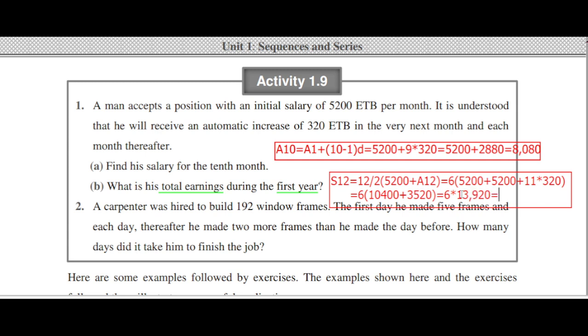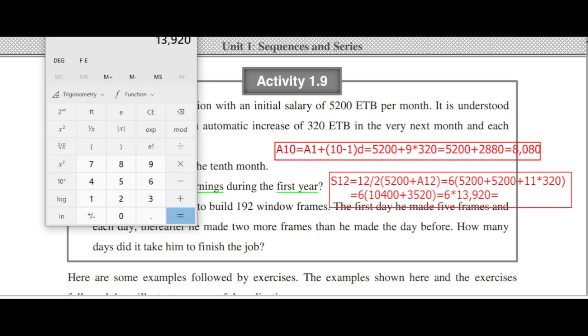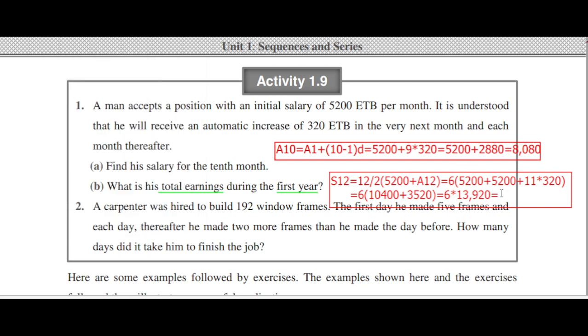Multiplying 6 times 13,920 gives 83,520. So this is the total earnings during the first year, 83,520.